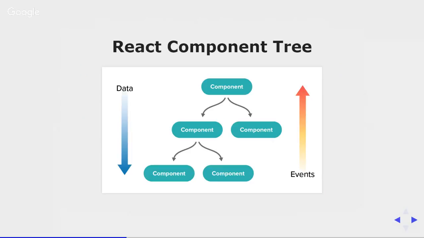If I construct my component tree, what I get is that parent components talk to their child components by passing data into them. Child components talk to their parent components by bubbling events up. And so I get this composed component tree of reusable components. Sometimes the same component is used multiple times in the tree, and that becomes my React application.